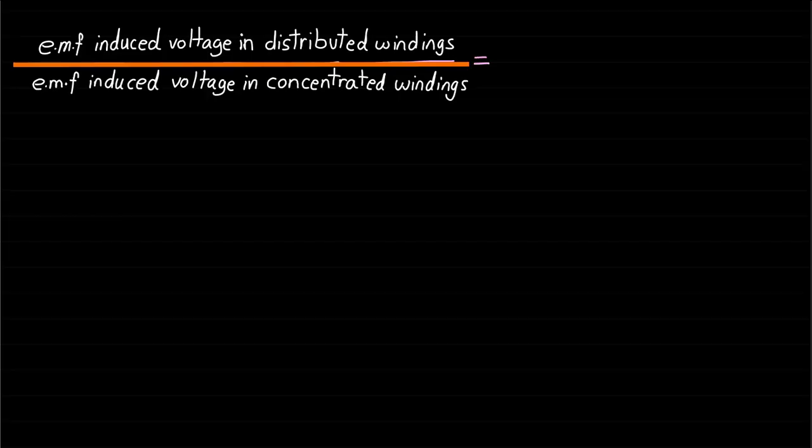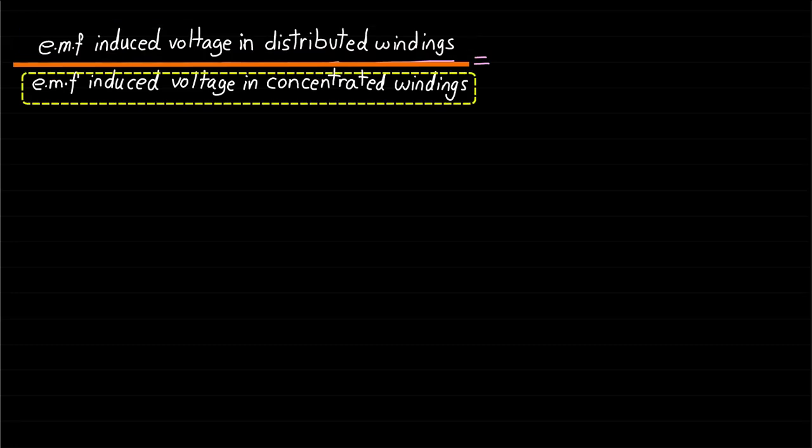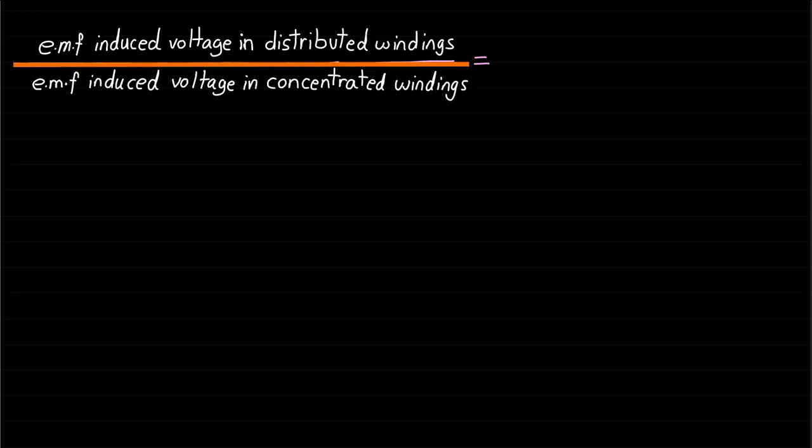Now, if we divide the back EMF induced voltage in distributed windings over the back EMF induced voltage in the concentrated windings, we can introduce a new factor denoted by Kd and called the distribution factor.